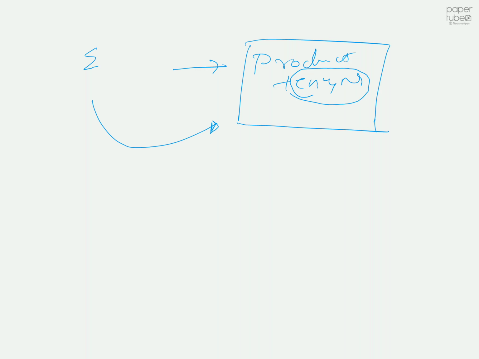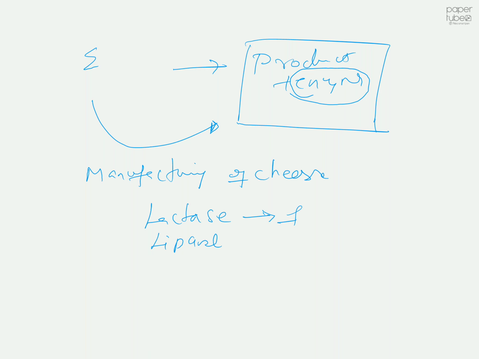So your final product will contain some of the enzymes which you used to convert your substrate into your product. A few examples: one is the manufacturing of cheese. They use lactase and lipase.